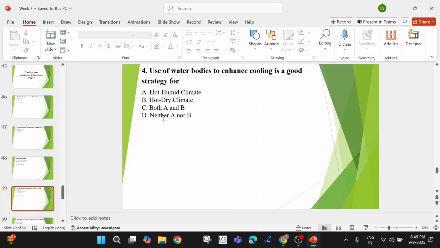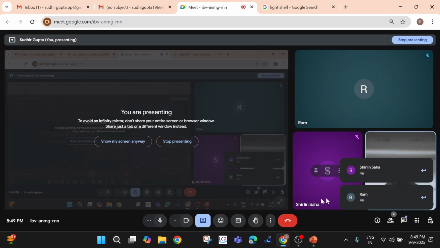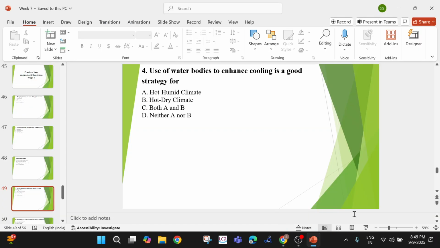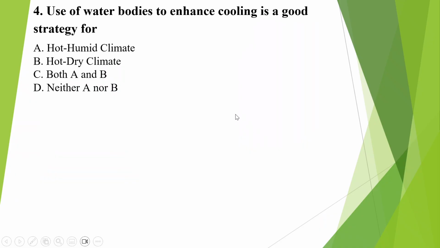What is the correct answer for question number 4? 4A, as I can see, 4A has been marked by most of you. So 4A, hot and dry, is the correct answer for this particular question.